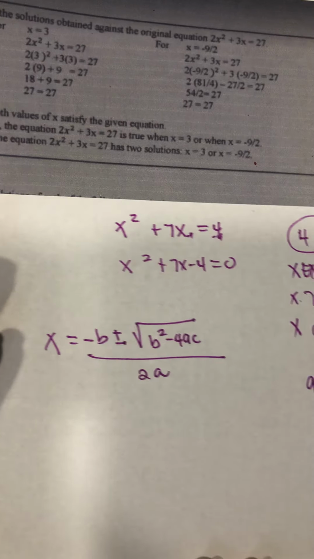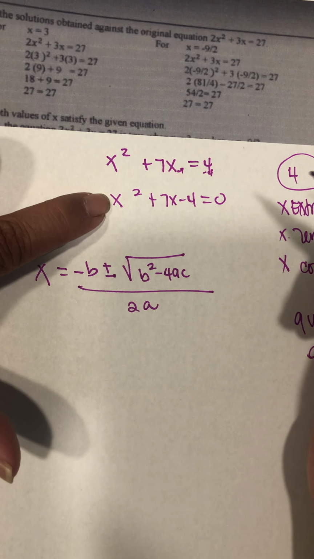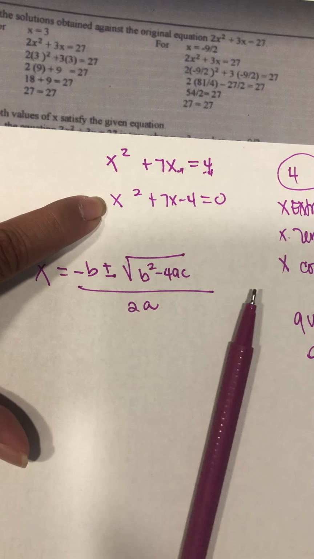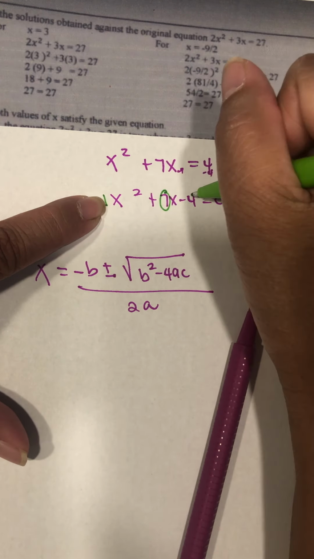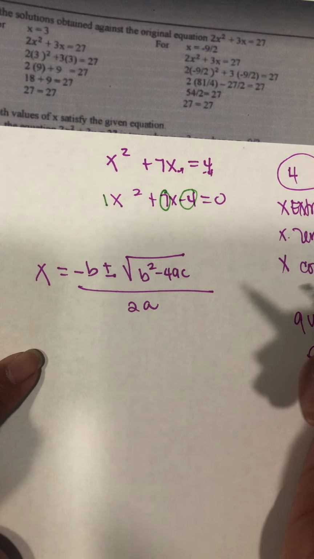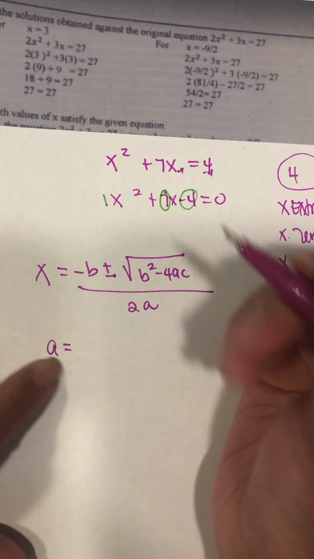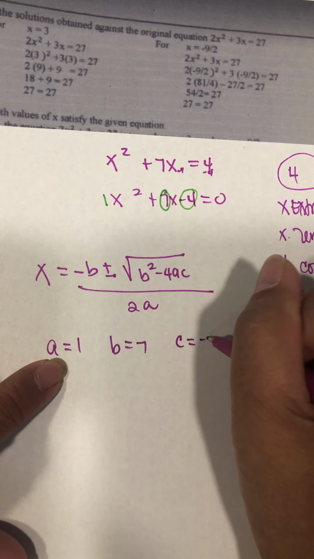All right, so this is so easy. How much is our a here? Our a here is 1, our b is 7, our c is negative 4. To make this easy, let's write down the values: a is 1, b is 7, c is negative 4.